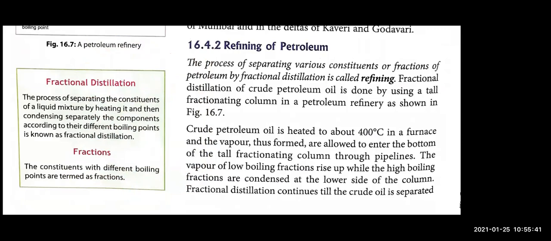So let's underline: the process of separating the constituents of a liquid mixture by heating it, and then condensing separately the components according to their different boiling points, is known as fractional distillation.